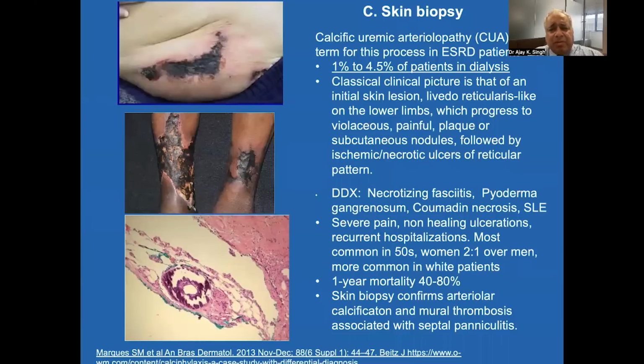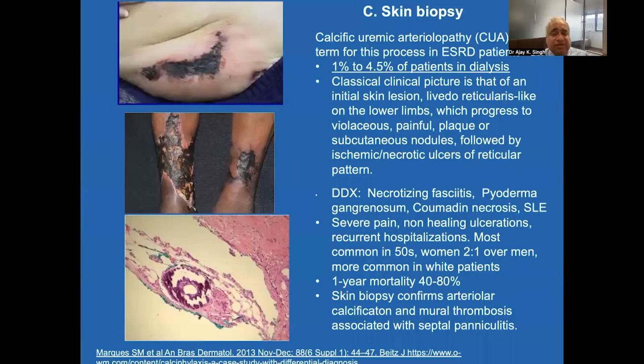The classical clinical picture is that of an initial skin lesion, livedo reticularis-like appearance on the lower limbs, which then progresses to a violaceous, painful plaque or subcutaneous nodules that are followed by ischemic or necrotic ulcers of the reticular pattern. Differential diagnosis is necrotizing fasciitis or pyoderma gangrenosum, coumadin or warfarin necrosis, and SLE.